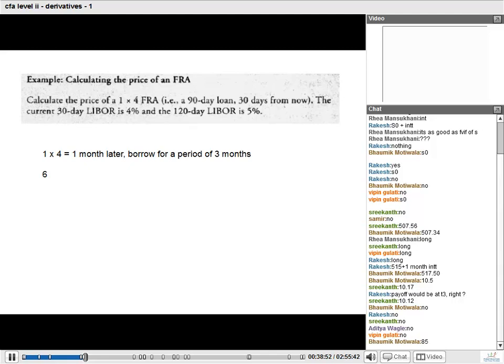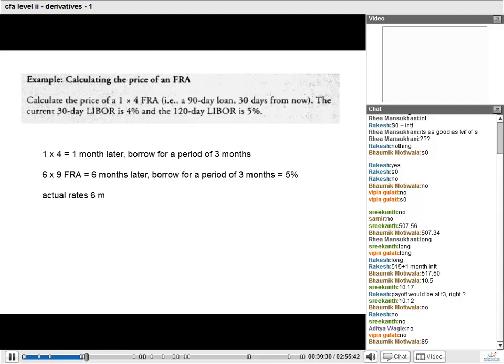What would be a 6 into 9 FRA? 6 months later borrow for a period of 3 months. Now this borrowing has to happen. It is a forward rate agreement. So the lender has to lend and the borrower has to borrow. So let's say the 6 into 9 FRA rate agreed upon is 5%. Actual rates are 6%.